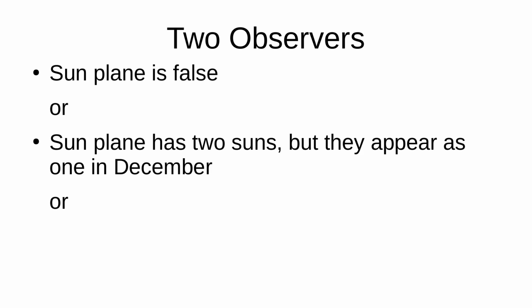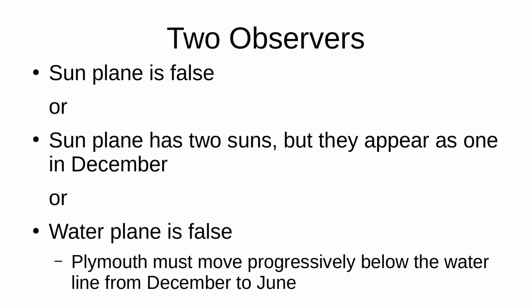All of that is rendered moot by the results from 2 observers. In that analysis, the sun plane was false, or there had to be multiple suns, or the water level hypothesis was false. Discarding the sun plane hypothesis seemed to be the minimum required to have results that were consistent with the reality for the 2 observers.